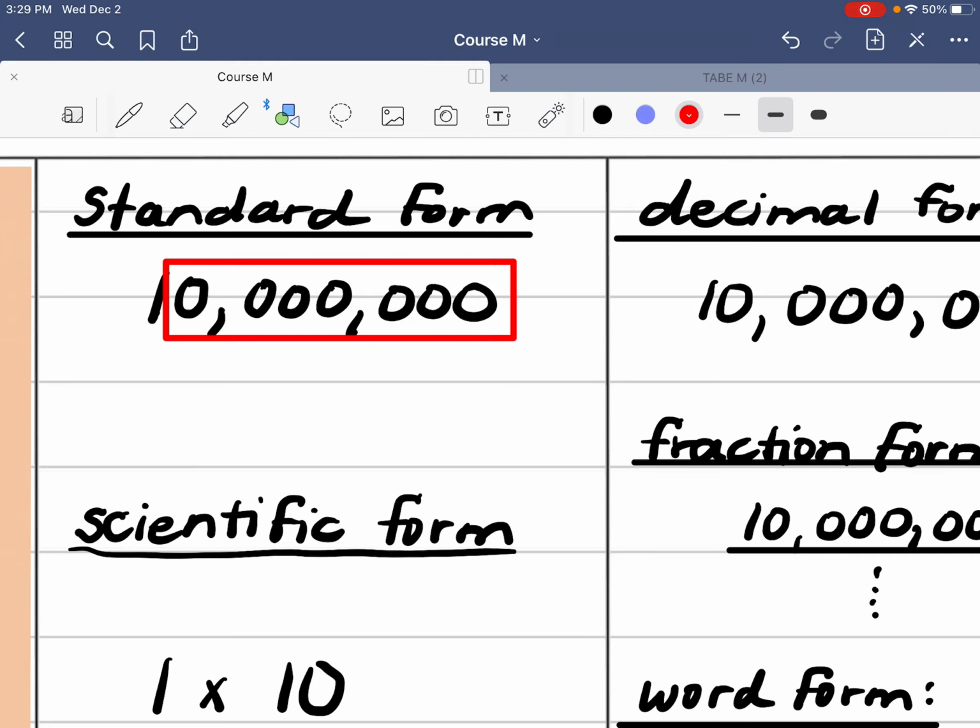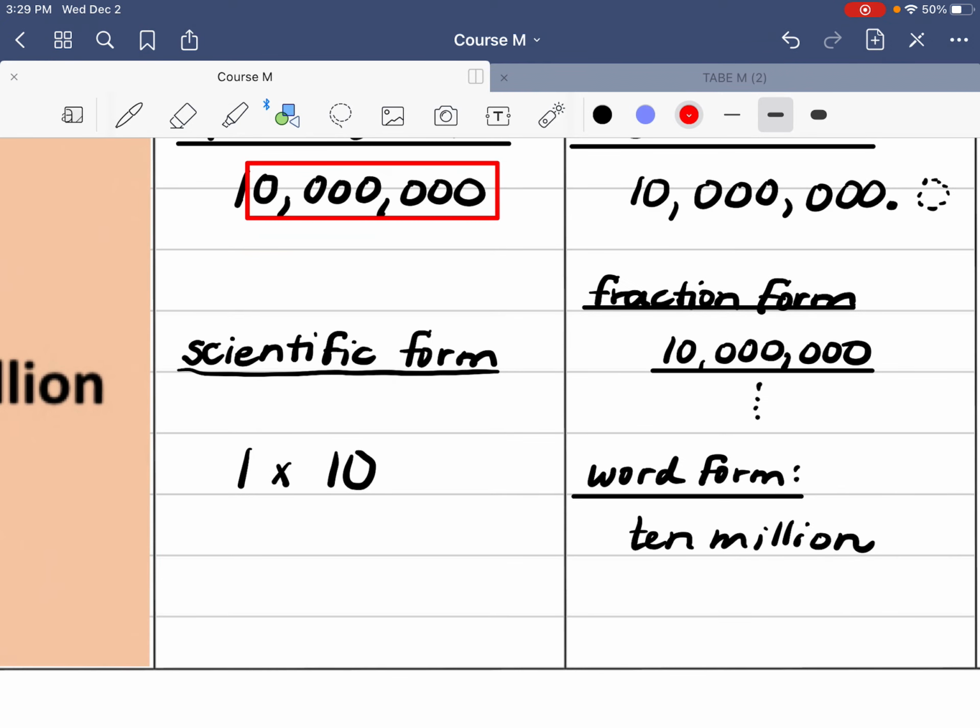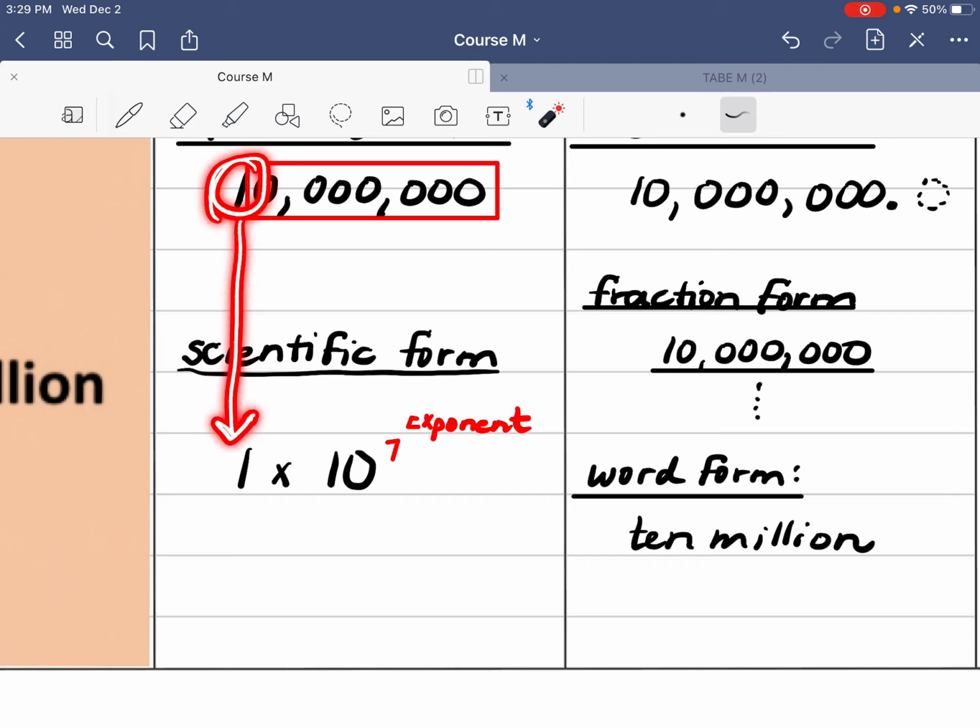And in this case, there are 7 of those, so that becomes your exponent. 1 times 10 to the 7th power. Now, if it were 20 million, you would have 2 times 10 to the 7th power. Whatever is in this seat goes here. And then your zeros make the exponent.